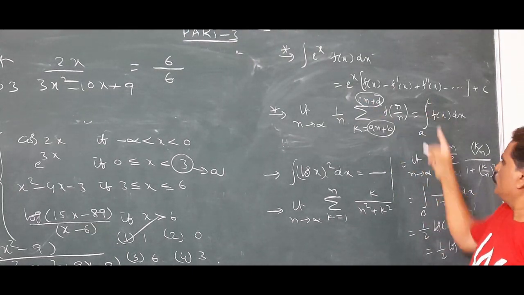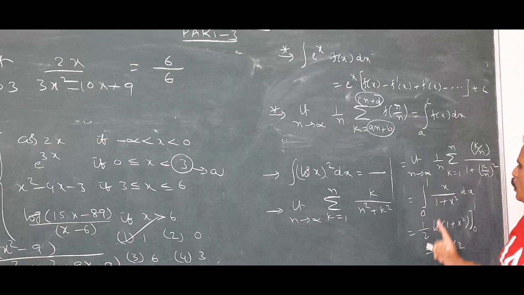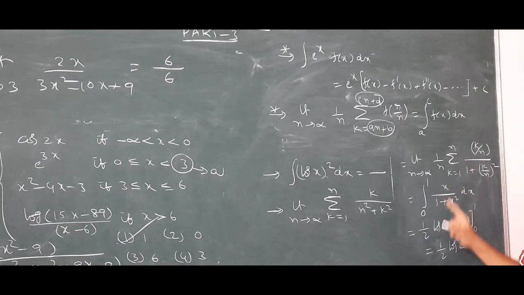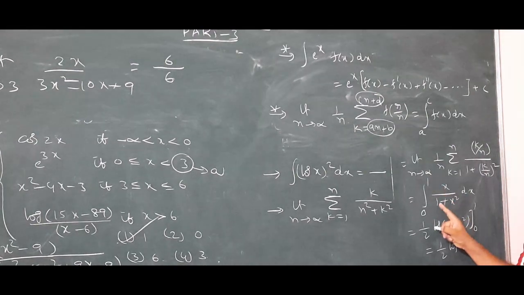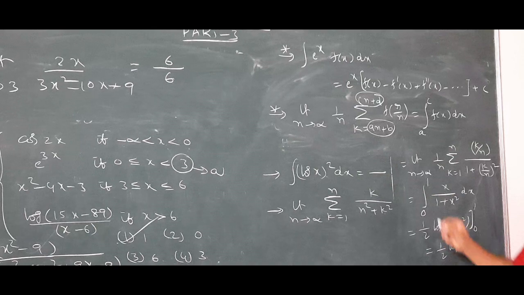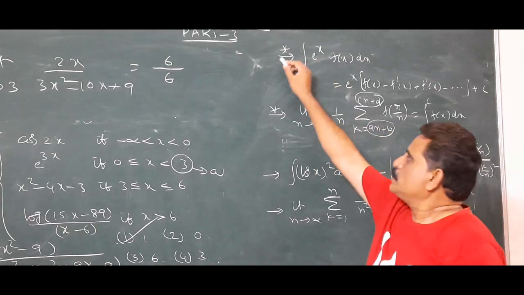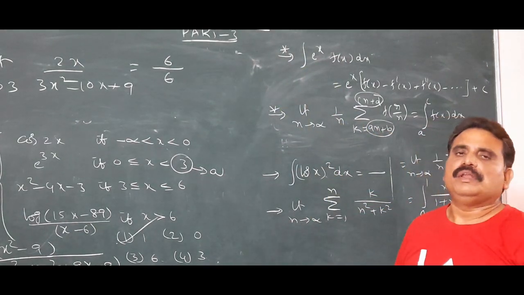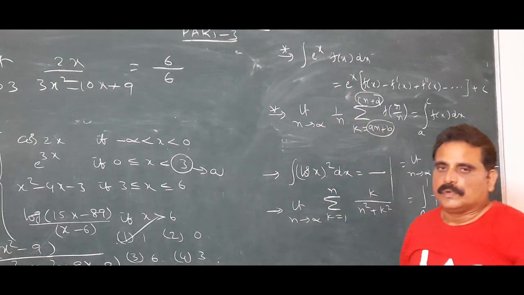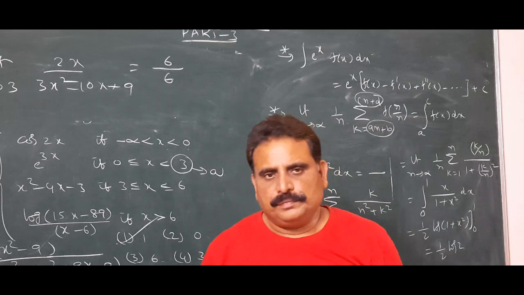So in this problem, 0 to 1, since the lower limit has no n. Integral 0 to 1 of x/(1 + x²) dx. So note down, my dear students, these two important points. You note down these two points. Okay, we'll meet in the next video. Thank you.